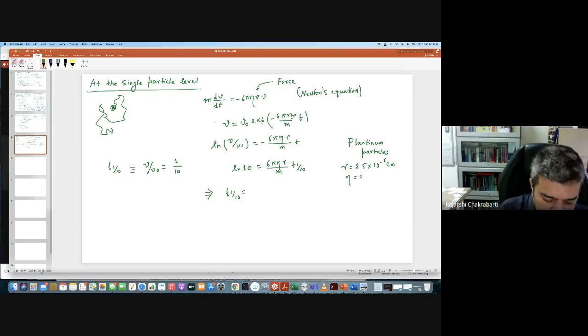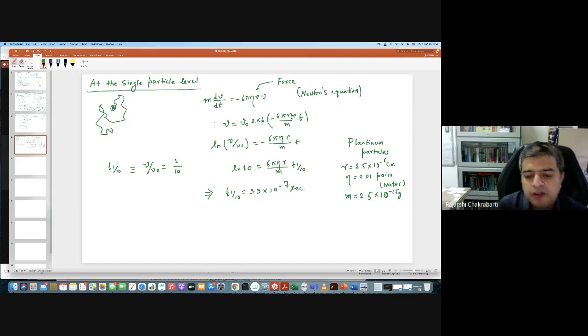Your eta is 0.01 poise for water, and the mass of these particles is 2.5 times 10 to the minus 15 gram. Then t 1/10 is 3.3, you can check, which basically means 10 to the power minus 7 second.